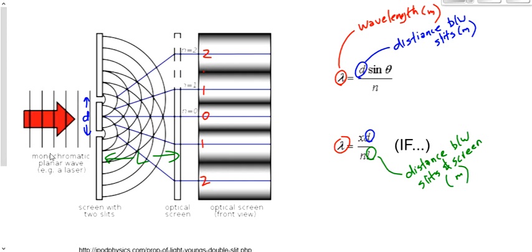From any of them to any of them. Let me show you what I mean by that. This value, this can be X. This could be X. This could be X. This could be X. From any maximum or minimum to any other maximum or minimum.